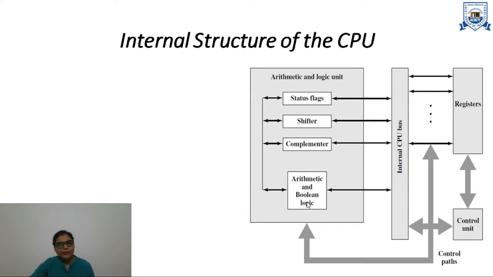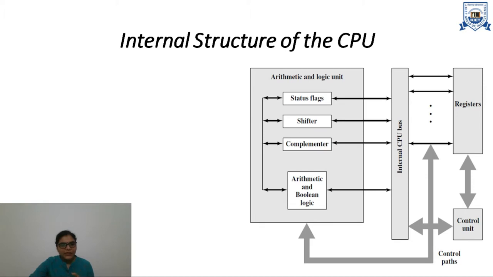Boolean logic performs logical operations. The complementer performs complement operations, in which a bit is complemented. If there is a 0 bit, it will be complemented to 1, or if 1 is there, then it will be complemented to 0. The shifter performs shifting on the bits.